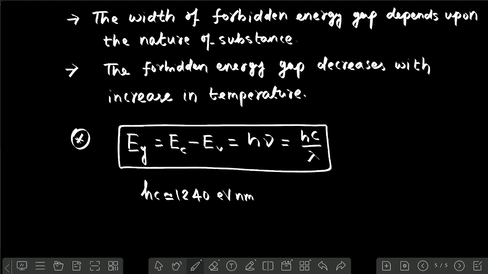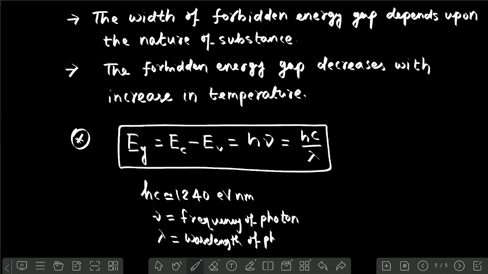If you know the energy gap between conduction band and valence band, then you can find the wavelength of the photons. If any electron transition is happening, then a photon is emitted. You can find the wavelength of the photon. Nu is the frequency of photon. Lambda is the wavelength of photon. While studying optoelectronic devices, this formula will help you.